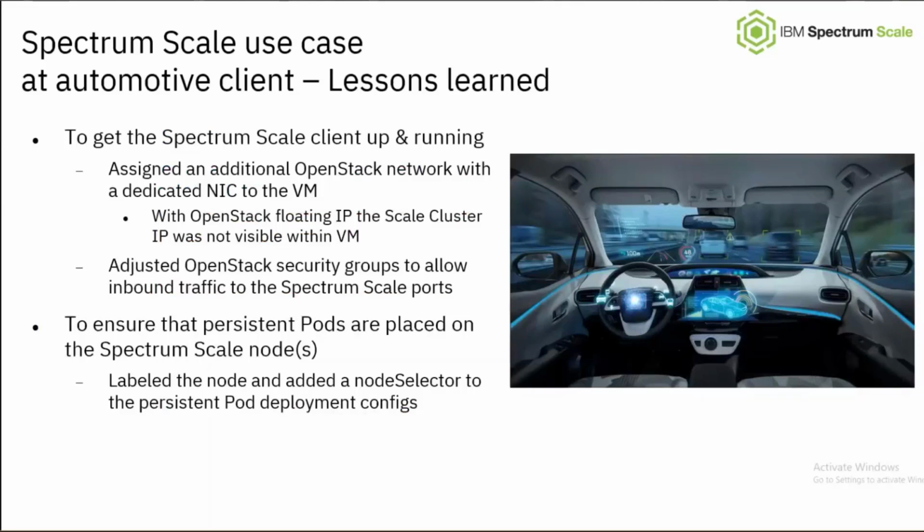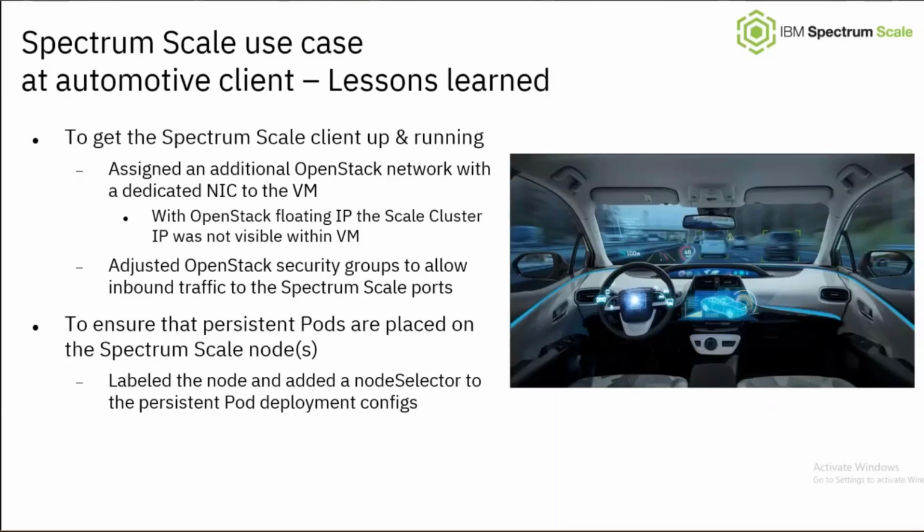They used the so-called floating IP concept to bridge data traffic over to the Spectrum Scale cluster, which obviously gave us some headaches in installing a Scale client into such a VM. So we needed to have a dedicated NIC assigned to the VMs running the Spectrum Scale client. And then obviously we also needed to cope with the OpenStack firewall to allow the traffic to the Spectrum Scale cluster outside of this cloud infrastructure.